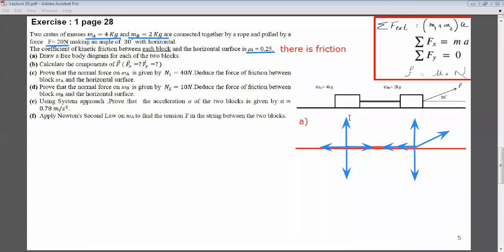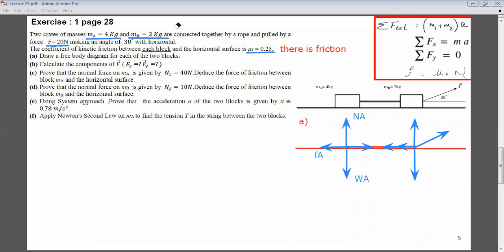Let's give them names. This is NA, friction A, WA, and tension.